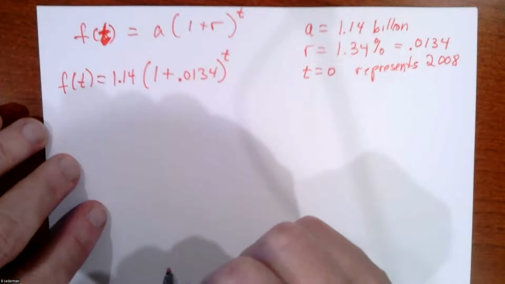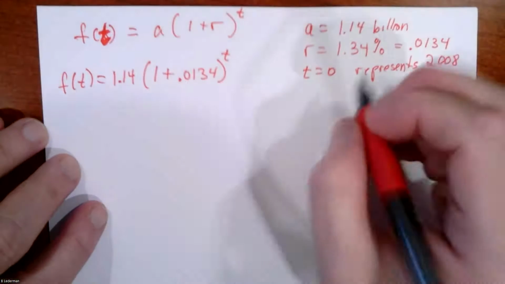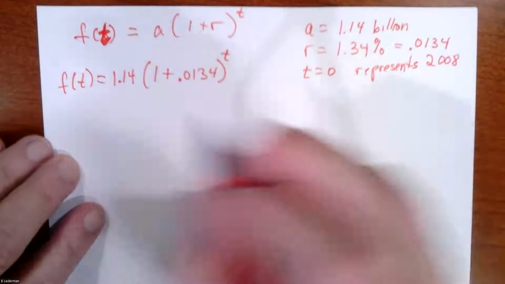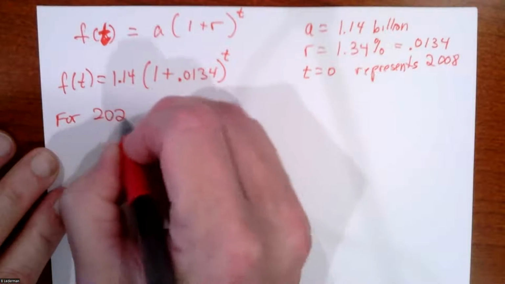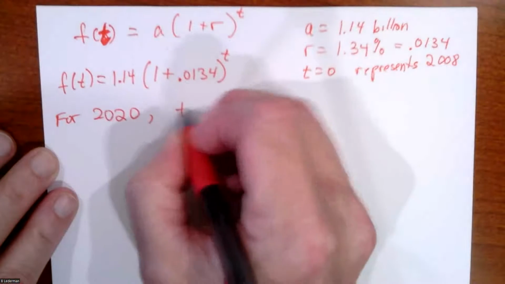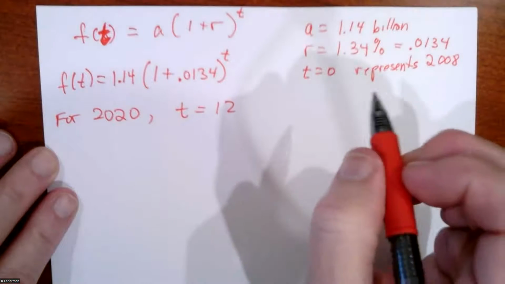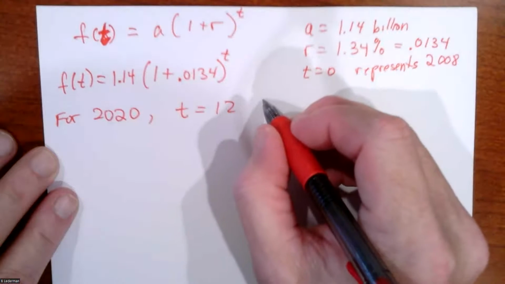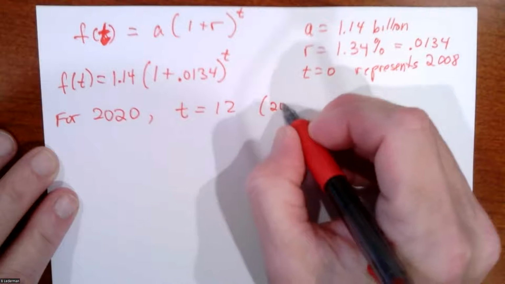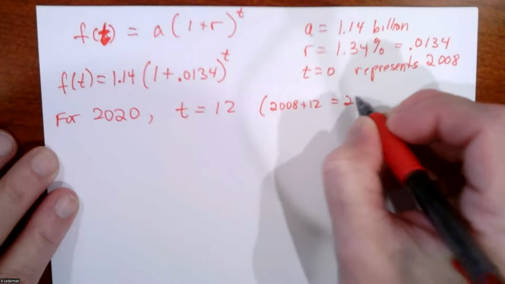Now, we want to know the population in the year 2020. So for the year 2020, t is going to equal 12, because 2008 plus 12 equals 2020.